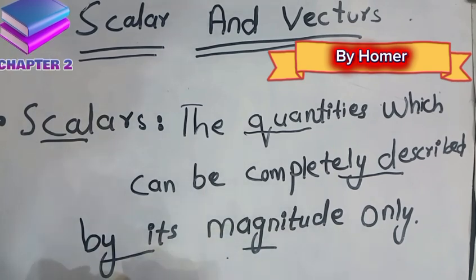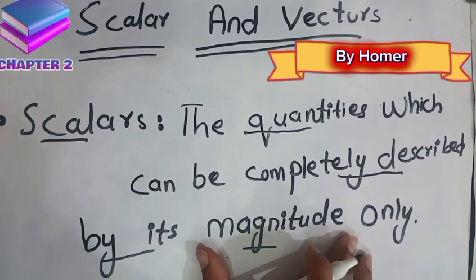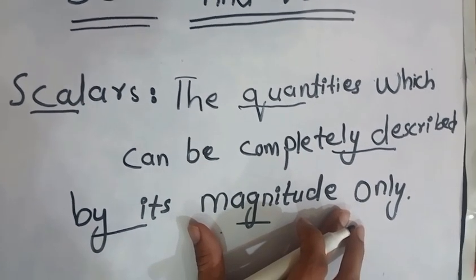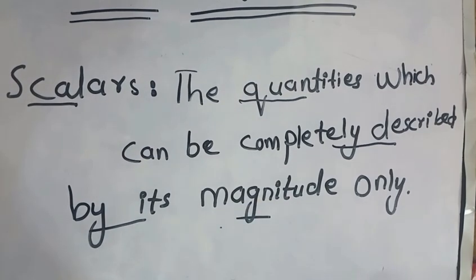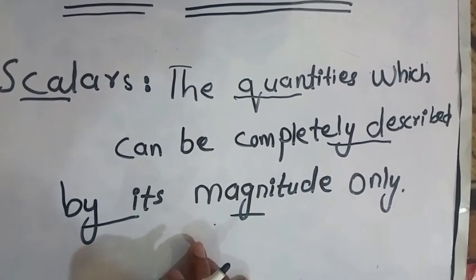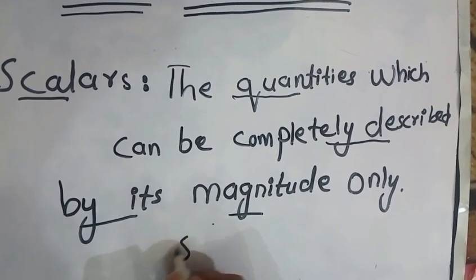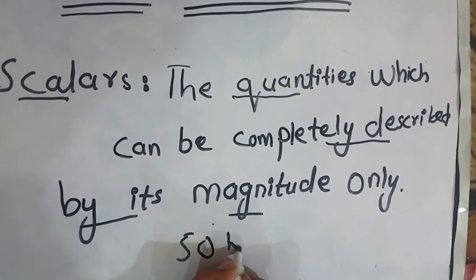Here this means there is no direction, just magnitude is there. It is one of the quantities which can be described only by its magnitude. For example, the weight of a human is 50 kg.